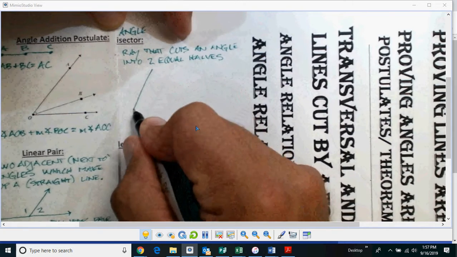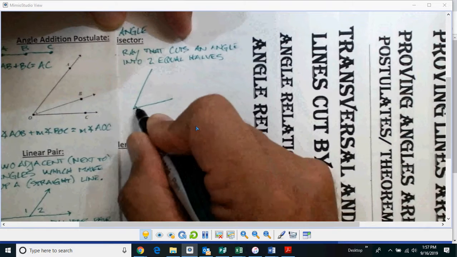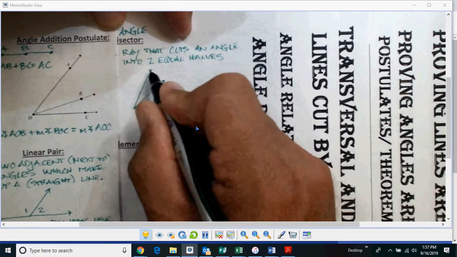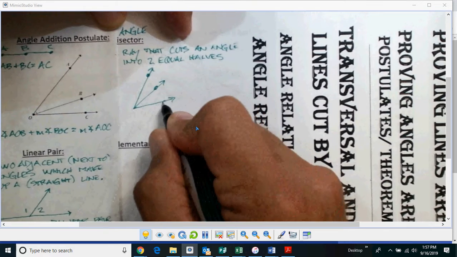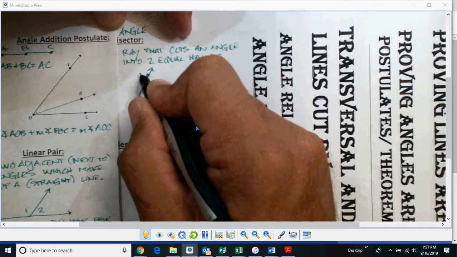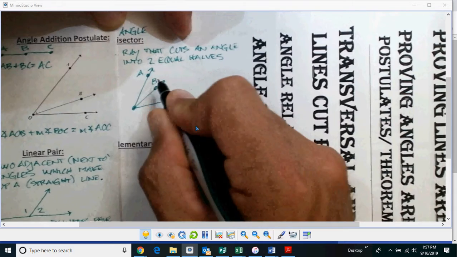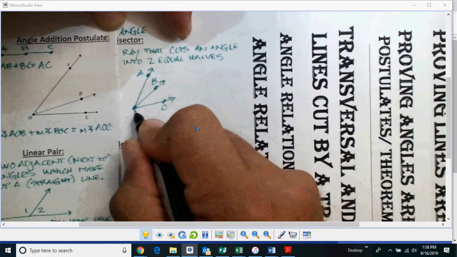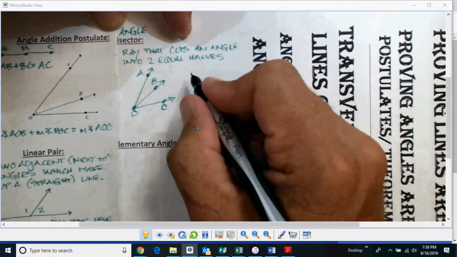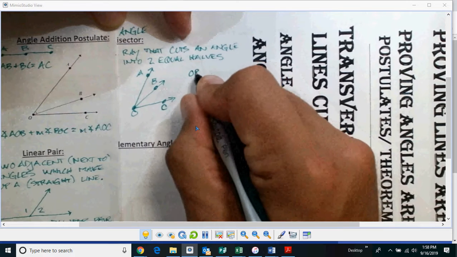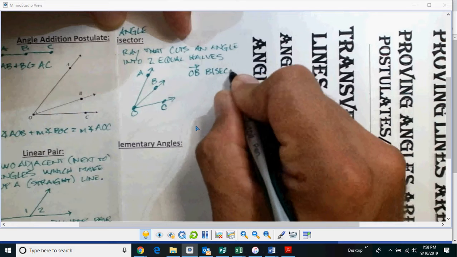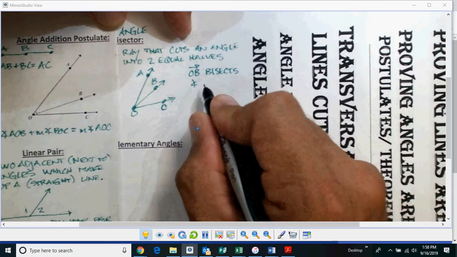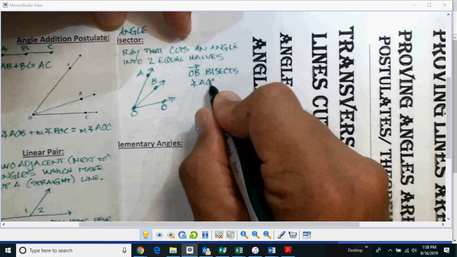So if I drew that out, in this case, I would say that ray OB bisects angle AOC.